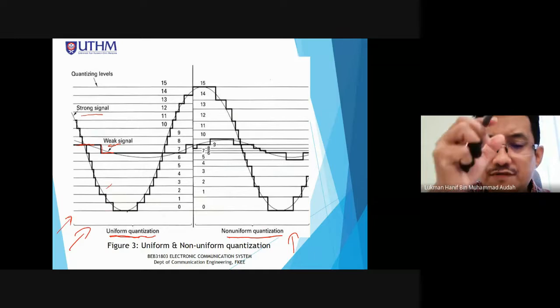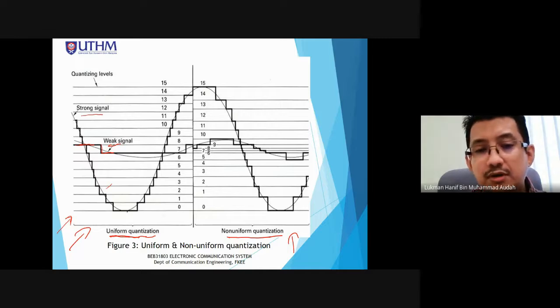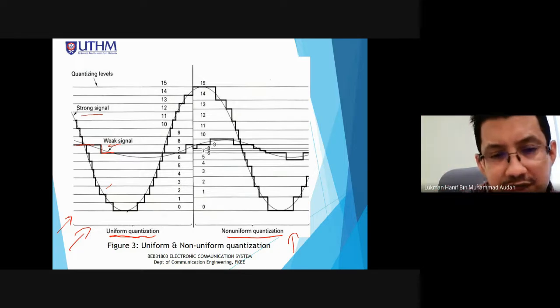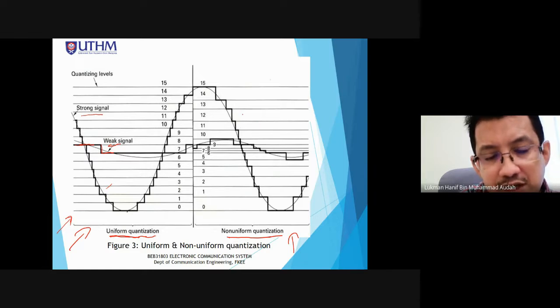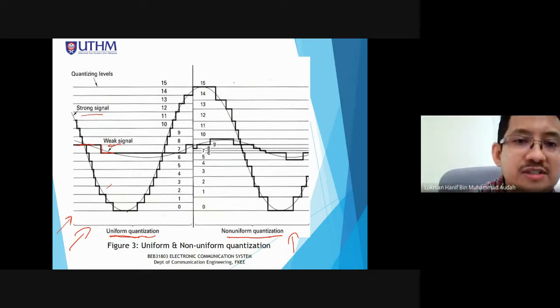Non-uniform quantization, if you see from here, the quantization level is adaptive to the input. Perubahan input akan mengakibatkan perubahan pada step size. That's a good thing. Kalau cerun itu semakin curam, maka dia punya quantization level itu akan semakin banyak. Ini untuk strong signal.